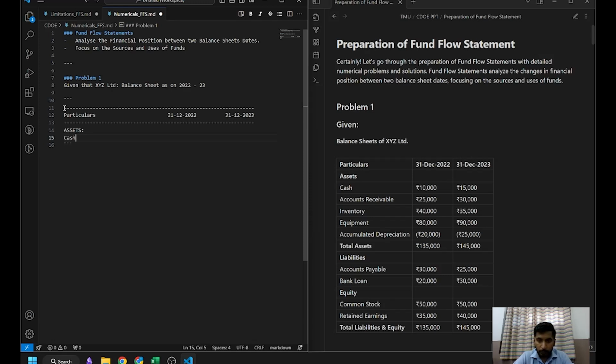Cash, accounts receivable, inventory, equipment, accumulated depreciation, and after that, the total of the assets. After that, we have our liability side.